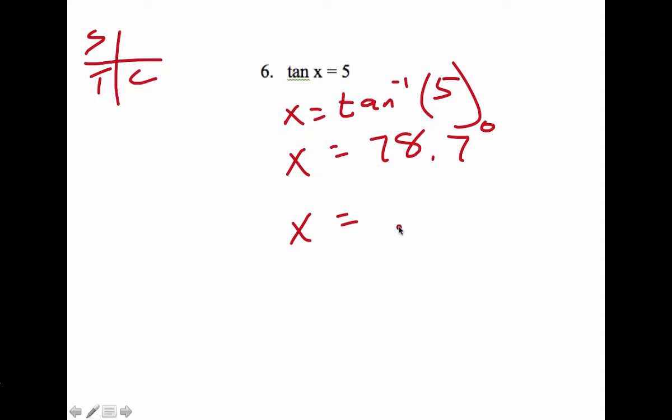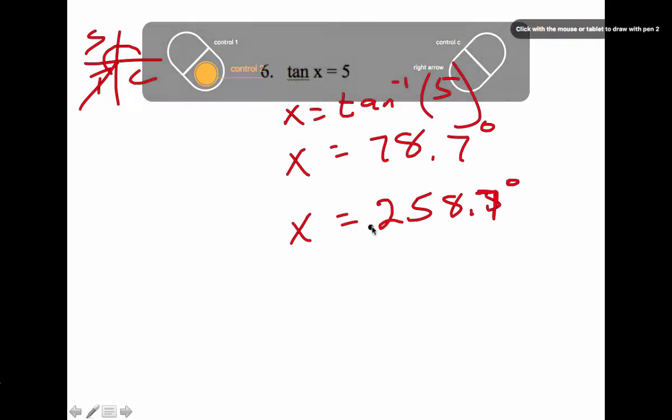So you do 180 plus 78.7, because we would go around to our 78.7 here, and we would get 258.7 degrees. And that would be, again, if it was between 0 and 360.